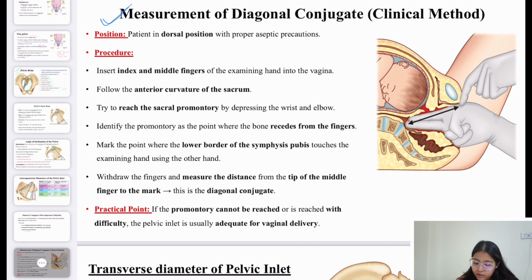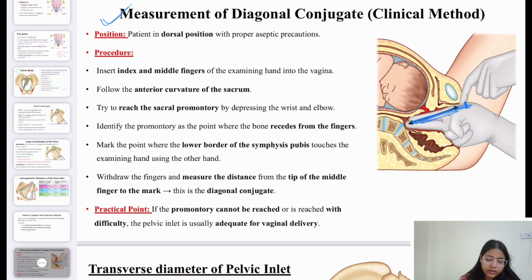So you see, we were doing the per vaginum examination. With your finger, you try to palpate the sacral promontory, and you mark the point on your hand where the lower point of the pubic symphysis is, and then you bring it out, and then you measure it in centimeter.